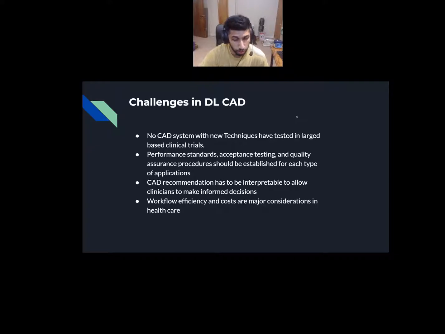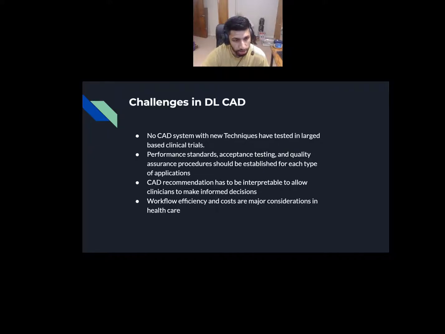So finally, I wanted to close on some of the final remarks the author had. The challenges we are facing with deep learning for CAD are, first, that no CAD system with the new techniques has been tested in a large clinical trial besides the one performed in the 90s on mammograms.